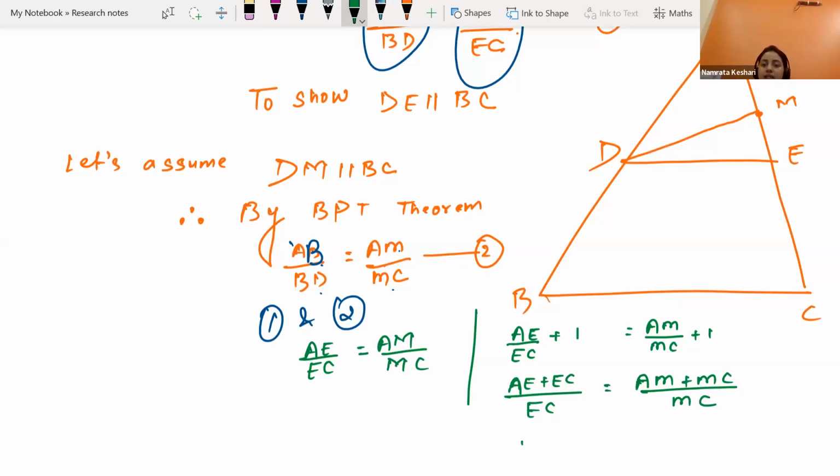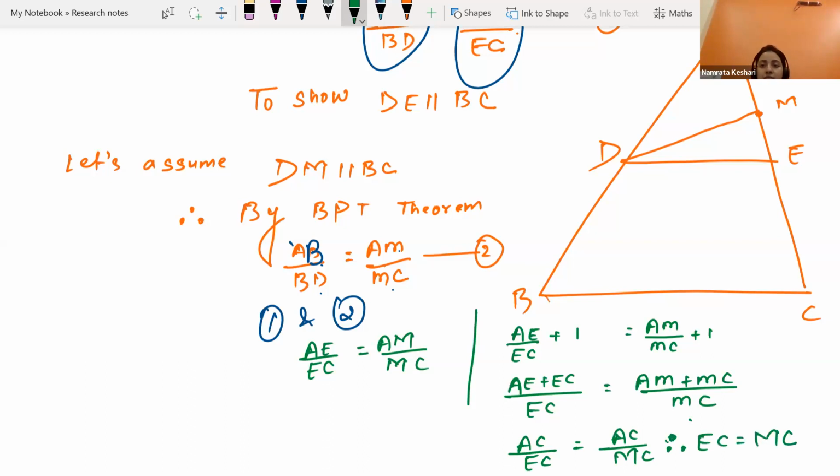So basically we are getting AC by EC is equal to AC by MC. And we are saying if the numerator is the same, then the denominator must be the same. Therefore EC is equal to MC.